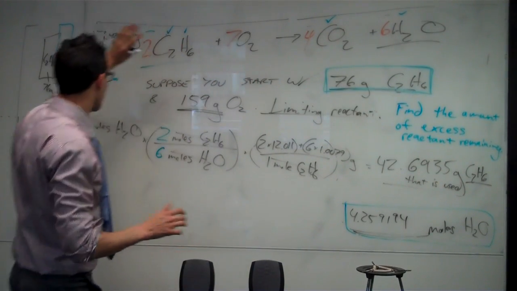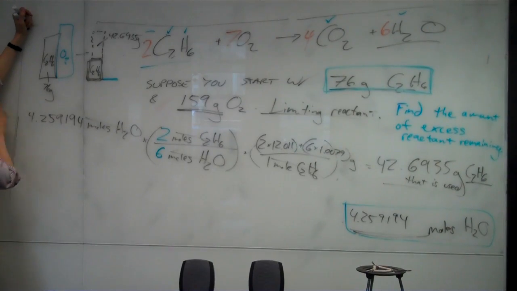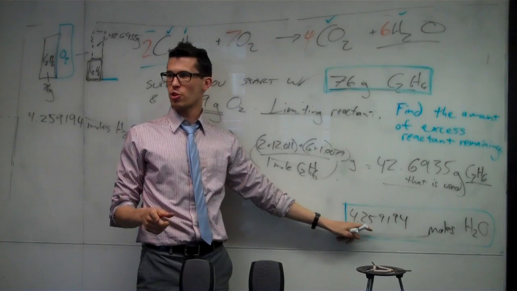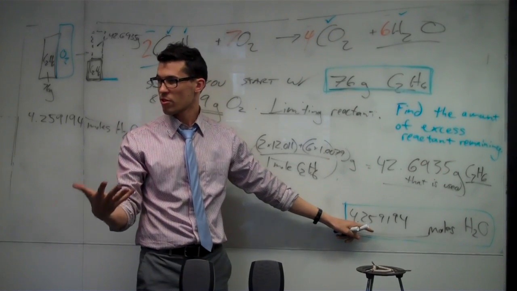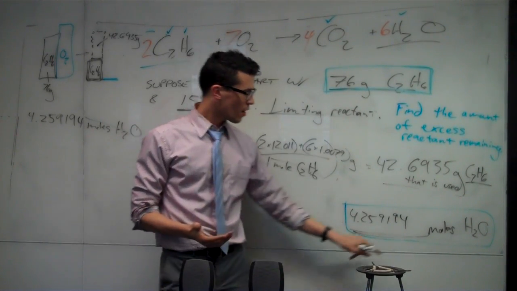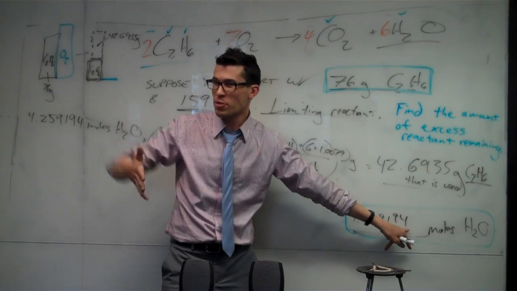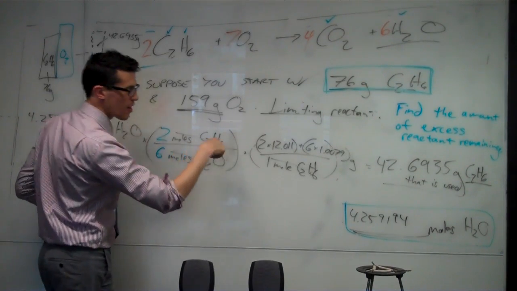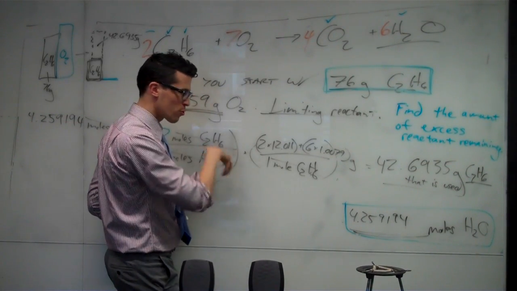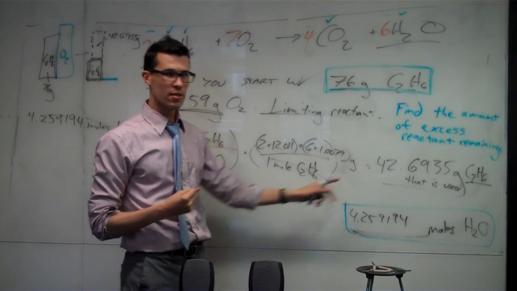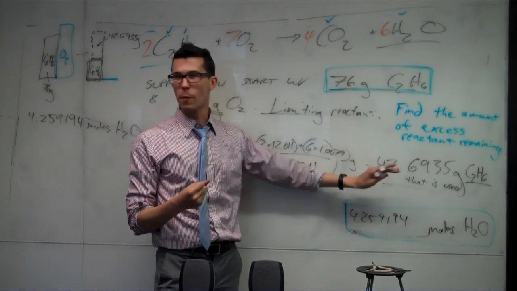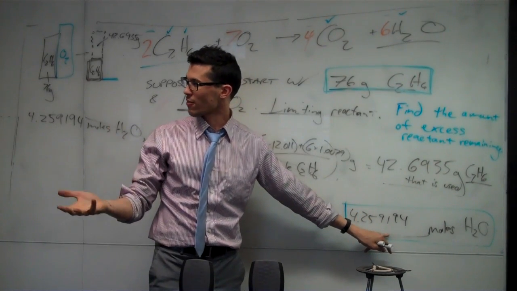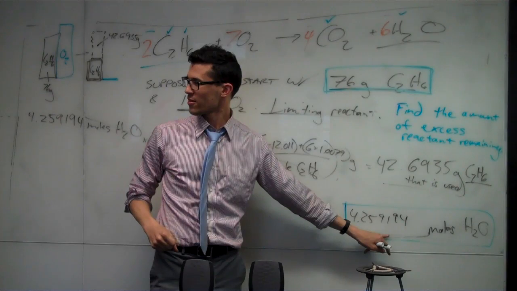So over here, this is just for the honors kids. At this point, when you've got this many moles of H2O produced, you convert that many moles of H2O back into the excess reactant. Then you turn that excess reactant in moles into grams of excess reactant. That is how much you actually have used at the point where the reaction runs out.